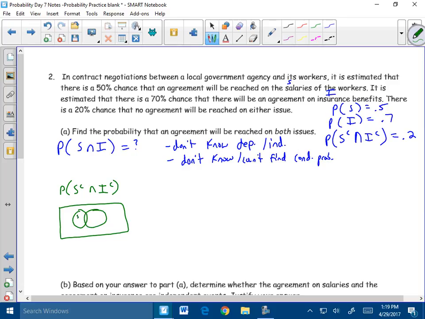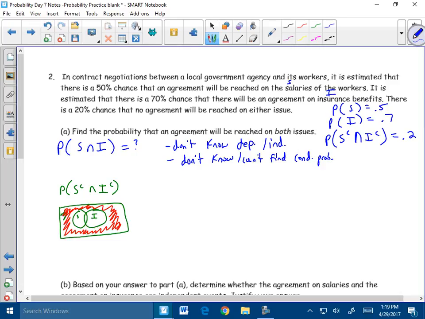Okay. So here's S and here's I. Not in the S circle and not in the I circle. That's all of this that's around the outside. All right, that's what we're talking about. Can't be in either the S circle or the I circle.